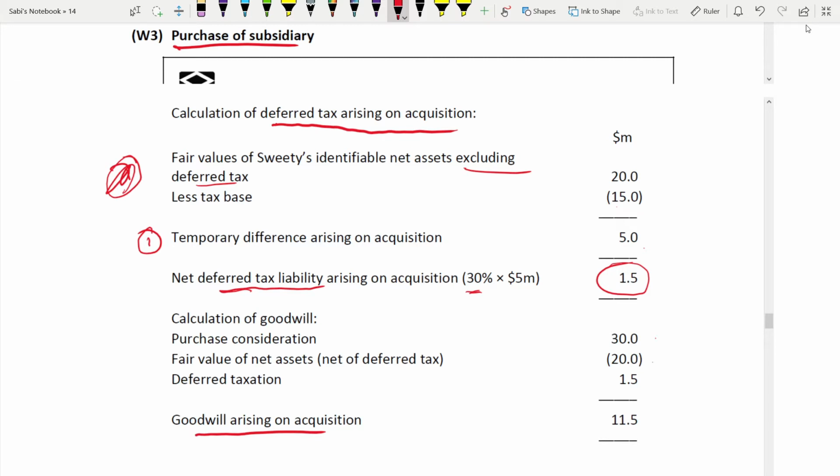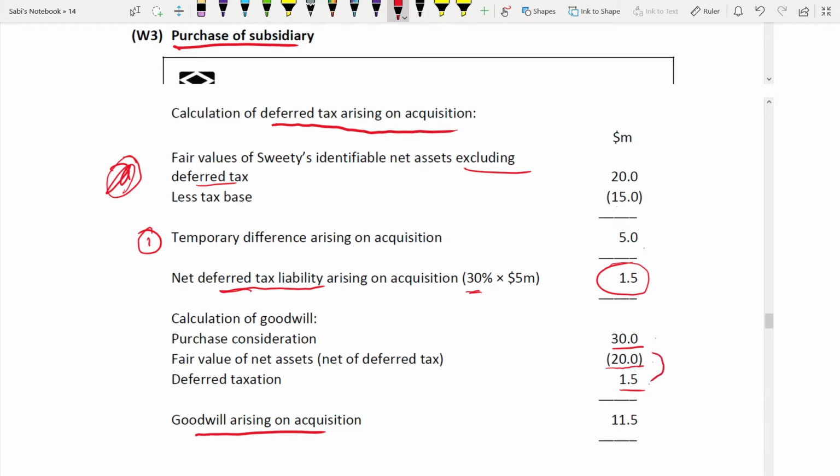So you have the purchase consideration, which is 30 million. You have bought it for 30 million. Okay, fair value of net assets net of deferred tax is 20. No deferred tax has been included here. Okay, 20. It is the fair value of net assets. Now you are taking deferred tax. Why are you deducting and adding 1.5?